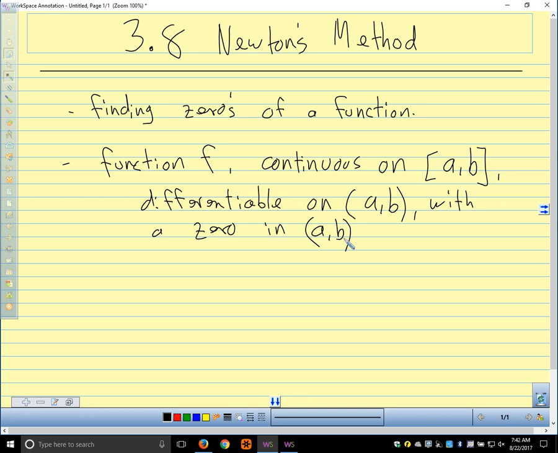So before we start, Newton's method would usually be programmed into a calculator or into a computer. If we didn't know where a zero of a function was, and we're not using our calculator because we're calculating these by hand, how would we decide if a function had a zero on an interval?